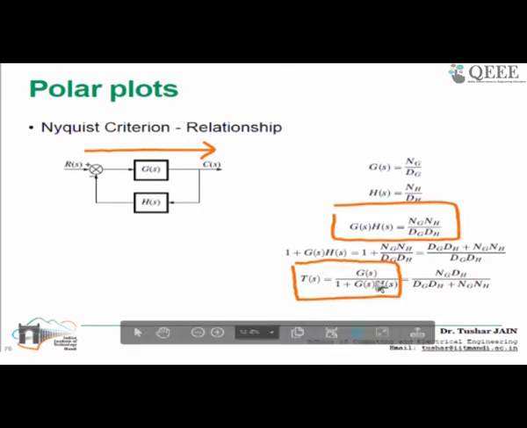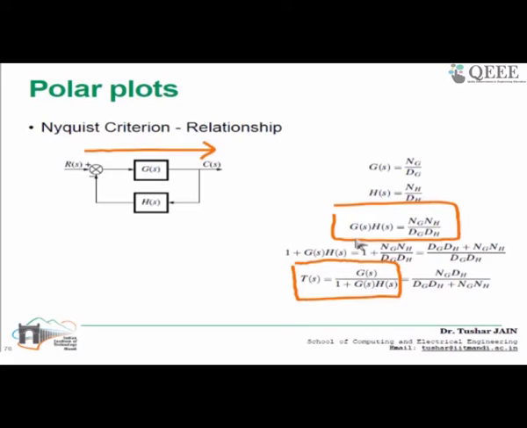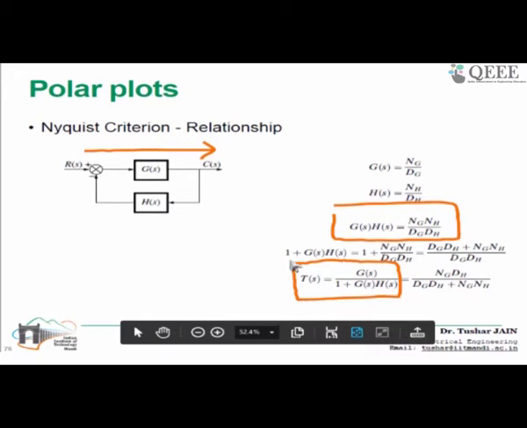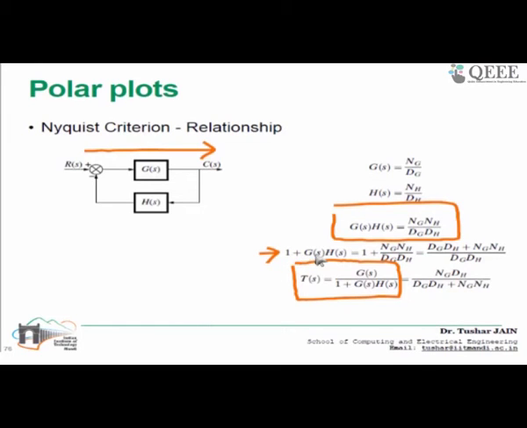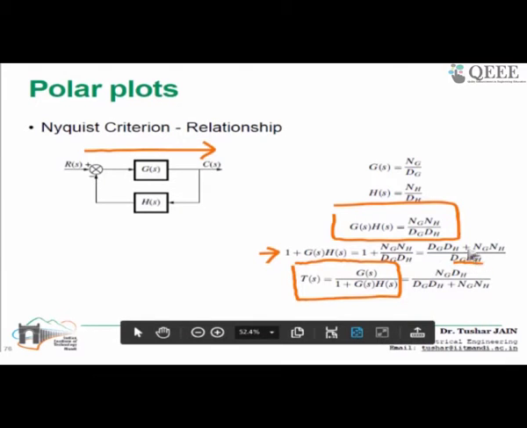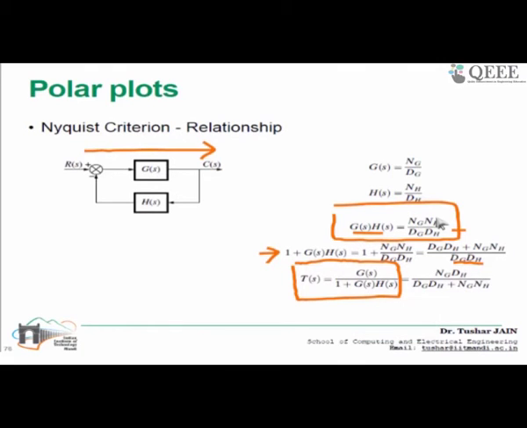Now see here, if you pay attention to the poles of 1 plus G(s)H(s), which are nothing but the roots of DG and DH, they are the same as the poles of G(s)H(s), which are DG and DH.